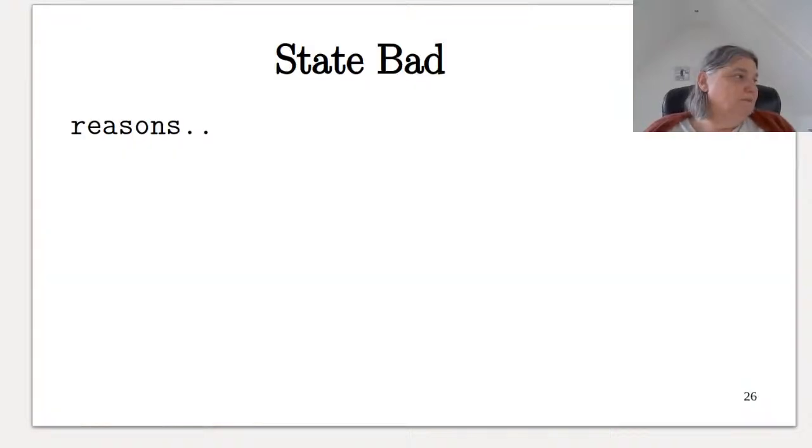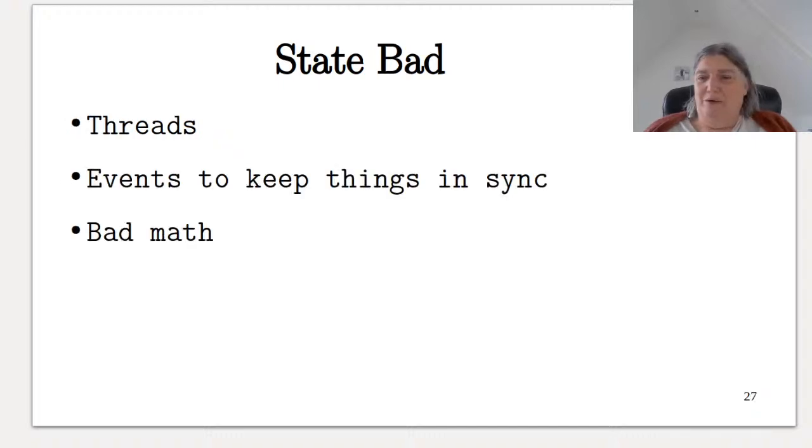Okay, state bad. So why are we looking at something that's got state written all over it? Well, because state may be bad, but we're stuck with it. Somebody mentioned concurrency. CHR is one store per thread.